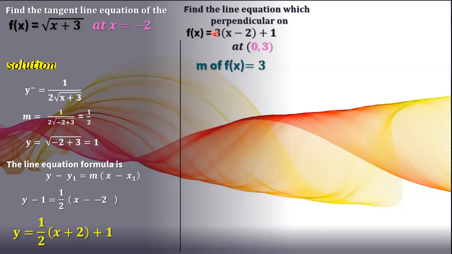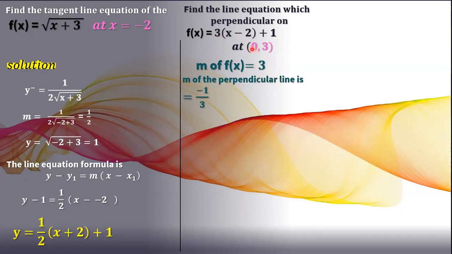If we want the parallel line, it is the same slope, but if we want the perpendicular, we have to take the reciprocal. The denominator will be the numerator and the numerator will be the denominator, and the opposite sign. So this 3 over 1 reciprocal is 1 over 3. This positive, opposite sign negative. So this is the slope of the perpendicular line.